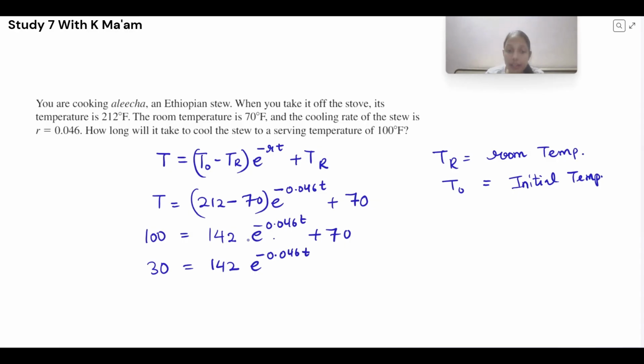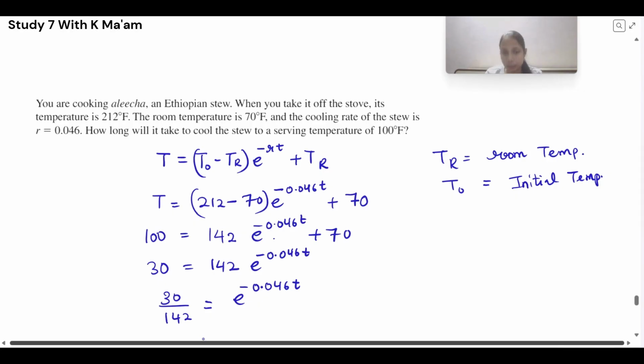You can divide both sides by 142. 30 over 142 equals e power negative 0.046t. One side is exponential, another side is without exponential.